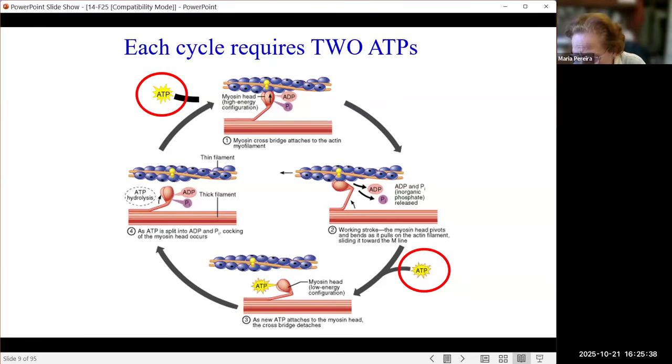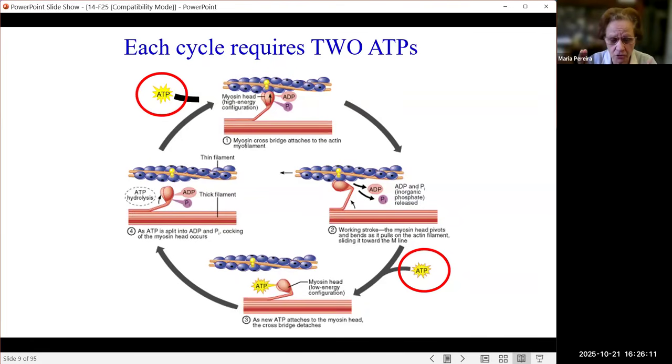Question: do troponin and tropomyosin do the same thing in terms of helping with muscle action? What's the difference? So troponin binds calcium. When troponin binds calcium, it changes its structure, its folding, that will act on the tropomyosin and triggers the movement of the tropomyosin to allow it to expose the actin binding site.